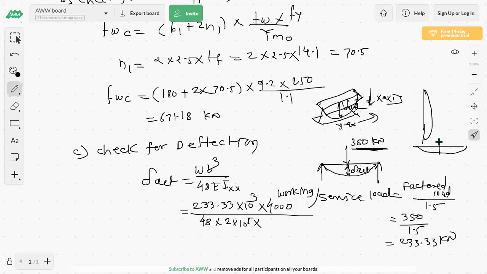So we have to take this x axis here and this is y axis. So Ixx we have to take. How much value of Ixx is here?